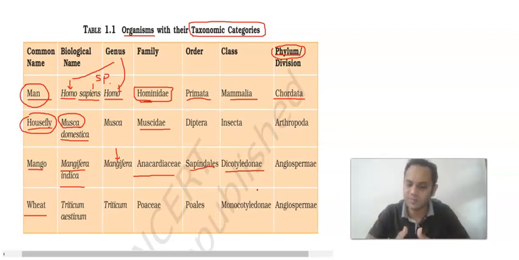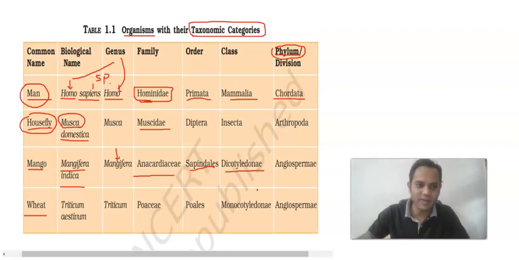They are called angiosperms because they have vessels as their xylem component. We know that in xylem there are 4 different types of components: tracheids, vessels, xylem fiber, and xylem parenchyma. We'll learn that in the anatomy section. But these vessels are the characteristic feature of the division angiosperm.